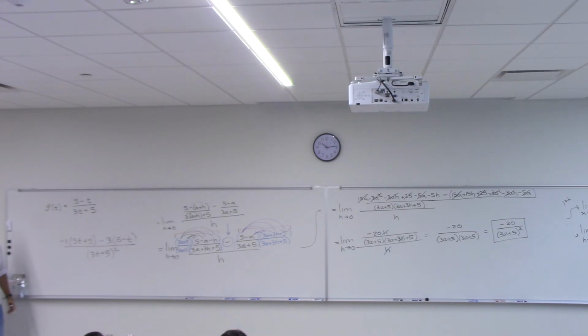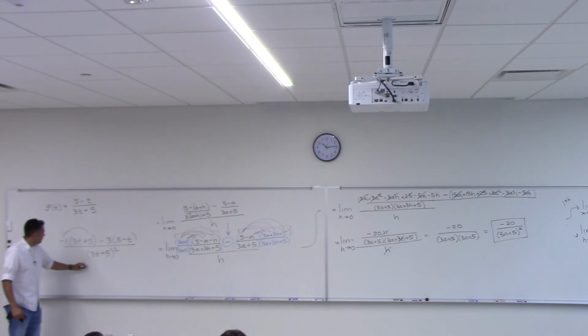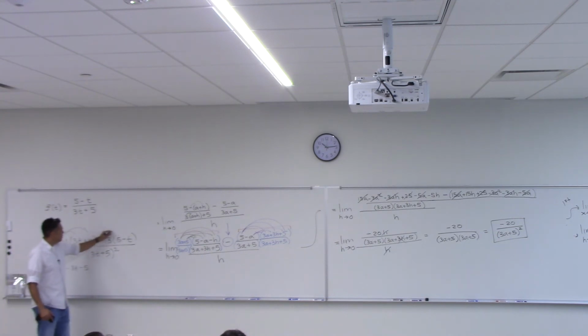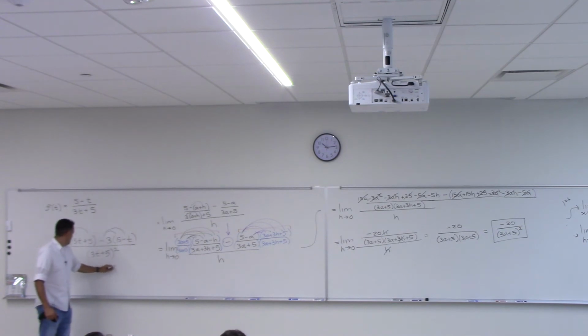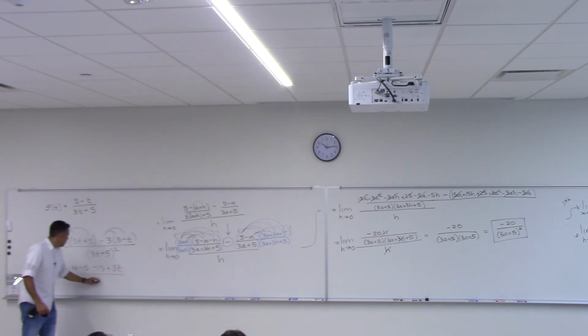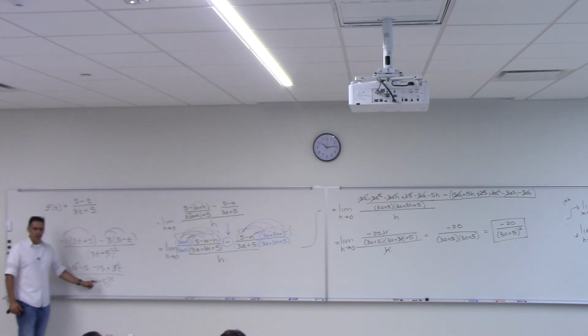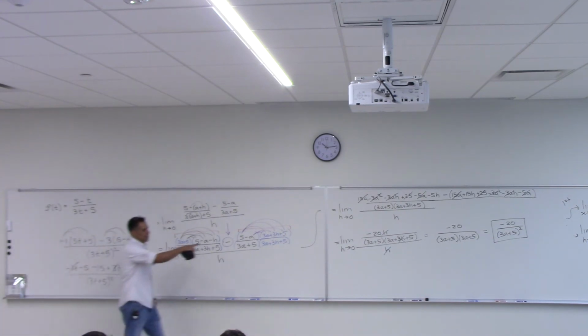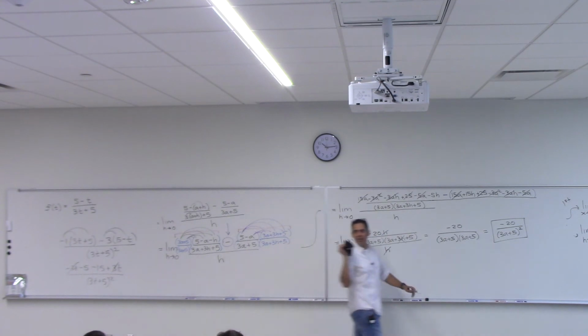This is the derivative. Now what I would do is distribute this through, negative 3t minus 5, and then distribute through. You get negative 15 plus 3t all over the 3t plus 5 squared, and the 3t's cancel. And notice I get negative 20 over 3t plus 5 squared. That's the same answer over here, except I'm using t instead of a. Do you all see that?